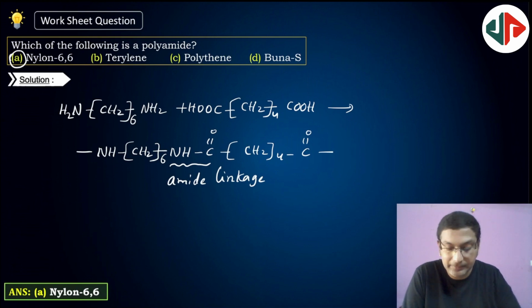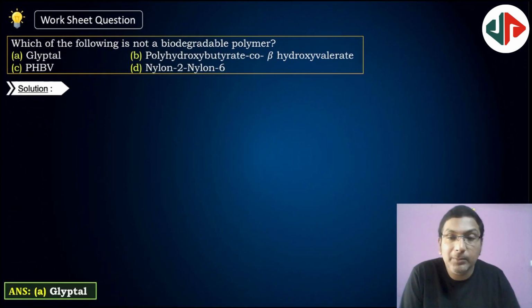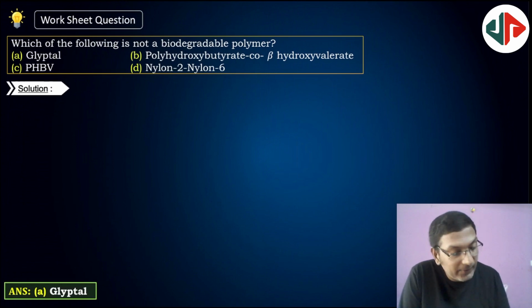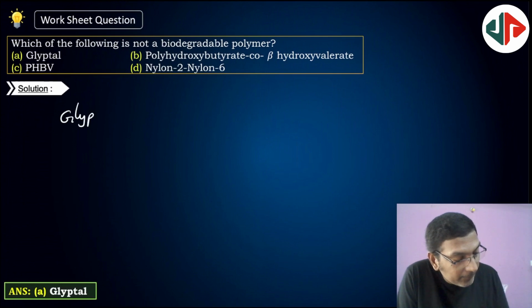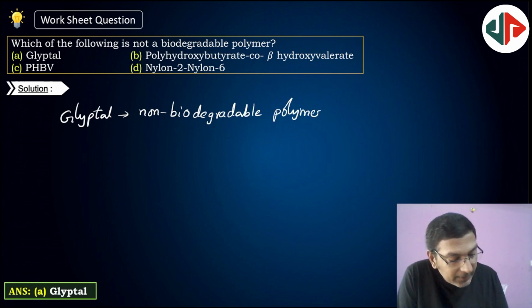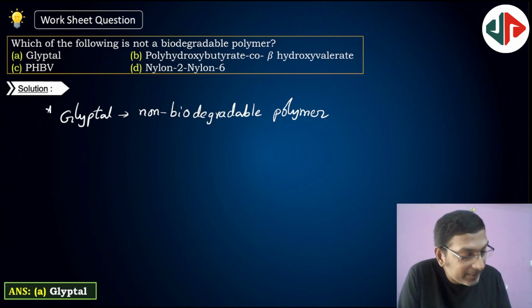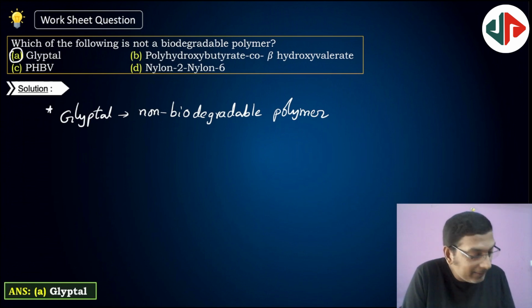CONH is amide. So which of the following is not biodegradable polymer? So here glyptal is simply a non biodegradable polymer. So it will not be decomposed by microorganisms. Therefore option A. Remaining all are biodegradable polymers.